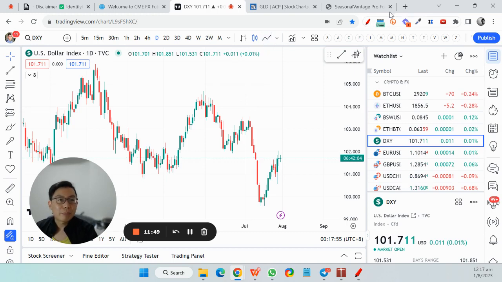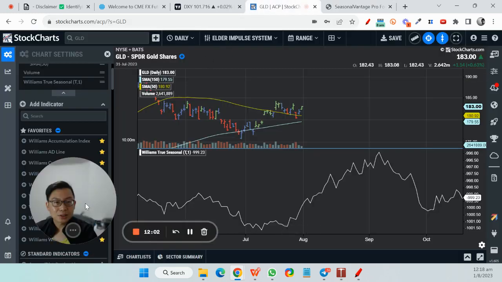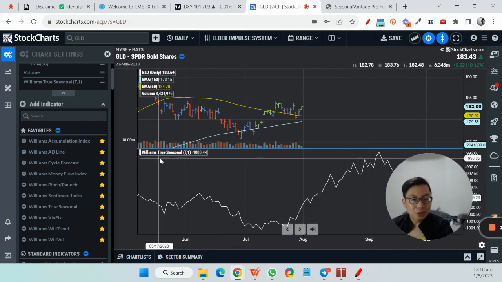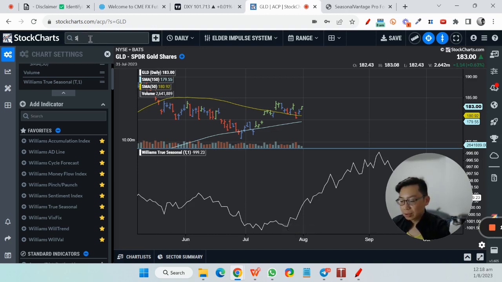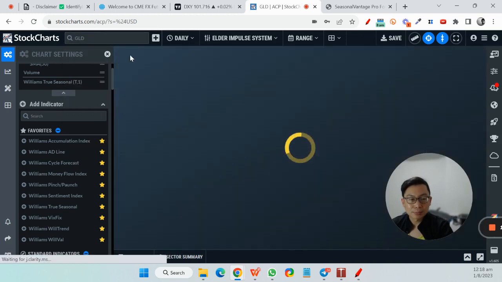Back to SeasonalVantage, I can see that from the 11th of August to the 25th of August, there's a tendency for it to go down. And if you take a look at our stock chart, this is a premium indicator that I have from Larry Williams, the true seasonal indicator. On the dollar index, it is actually called the US dollar.